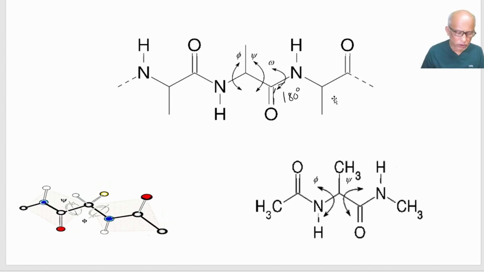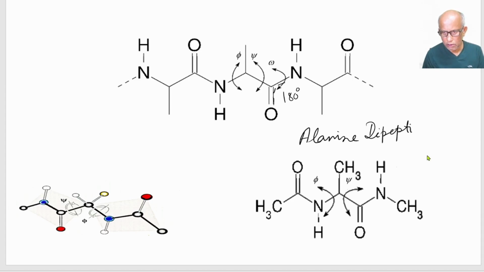Now in his studies on peptide conformation, Ramachandran decided to work with a very simple model system which he called the alanine dipeptide. Essentially this is an alanine residue where the amino group of alanine was blocked with an acetyl group, and the carboxyl end of alanine was blocked with an N-methyl amide.